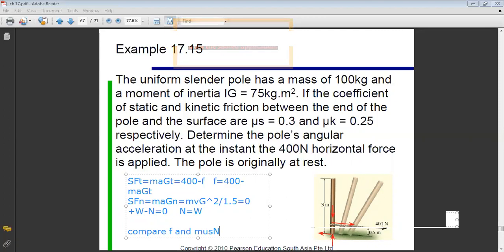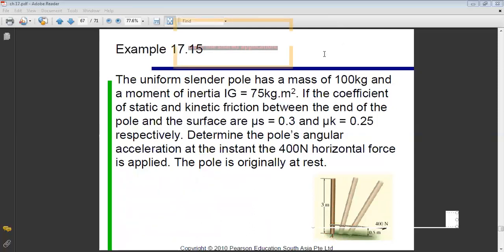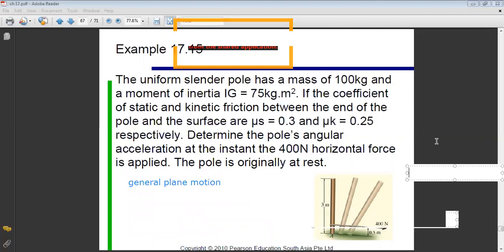If I repeat everything, I will be sure now of the type of my motion. So if my assumption is wrong, then I have general plane motion. And in case I have general plane motion, what will be my unknowns in this case? First, if it's general plane motion, it means that it will slide.